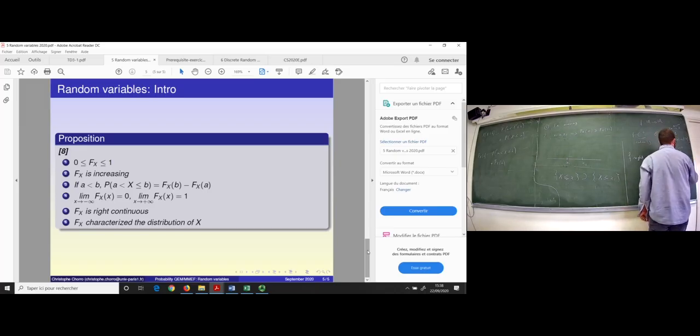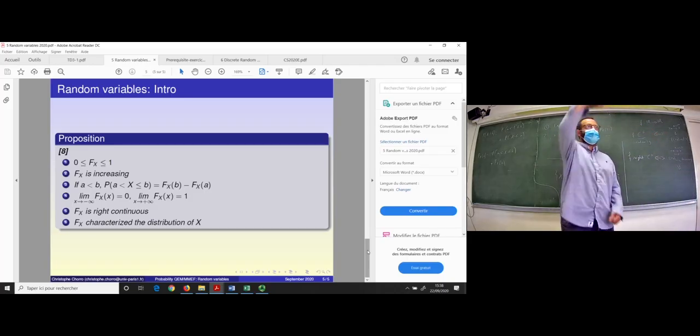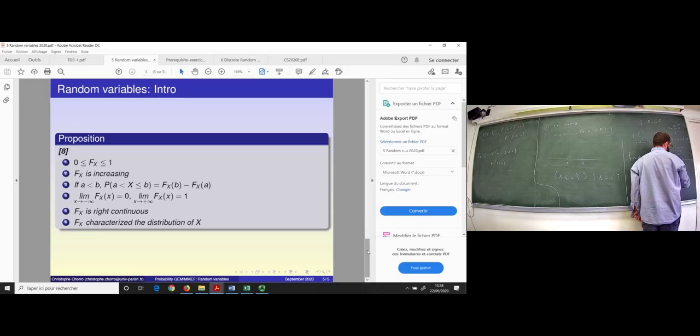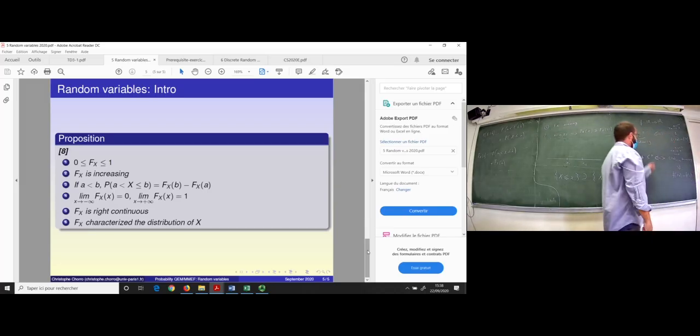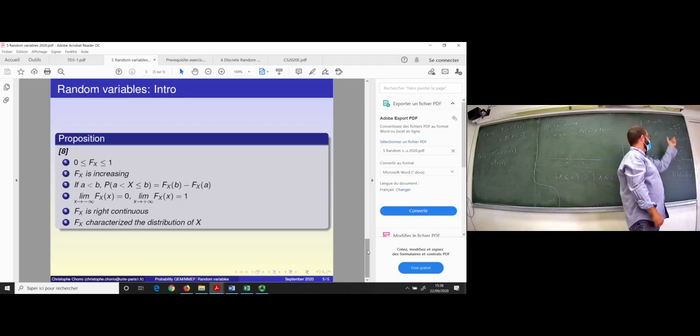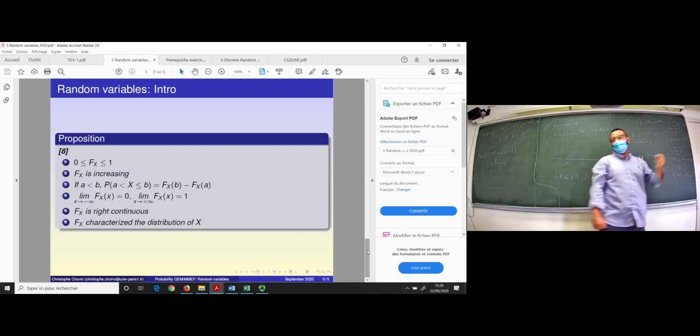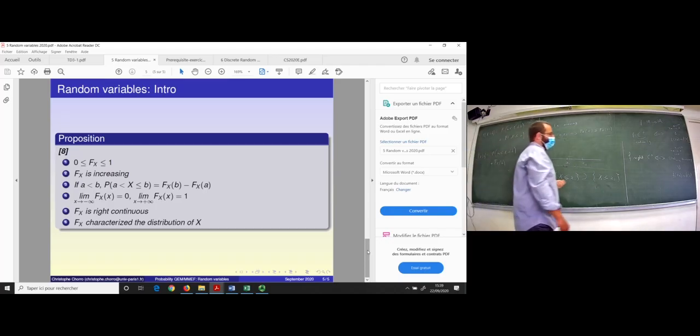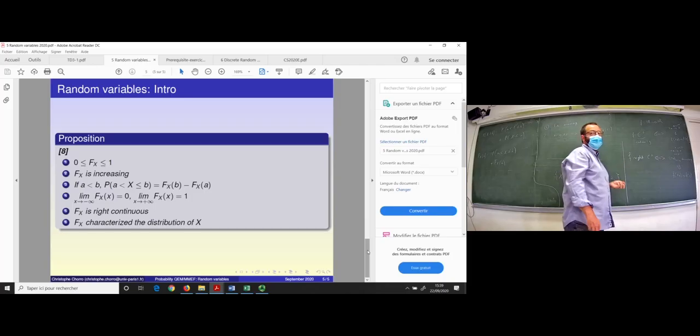So you want a decreasing sequence converging toward x this way, then f of xn converges toward f of x. Of course, if you are continuous, you are right continuous, because if you are convergent, you are convergent along a decreasing sequence too. But right continuity only requires that the sequence decreases toward x.